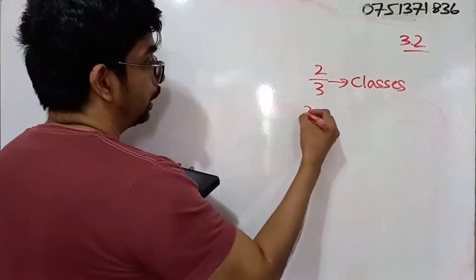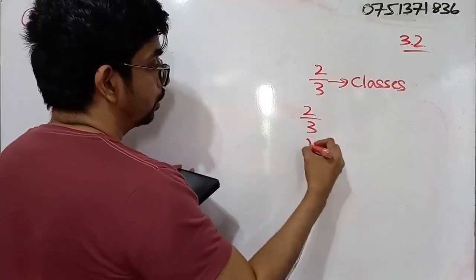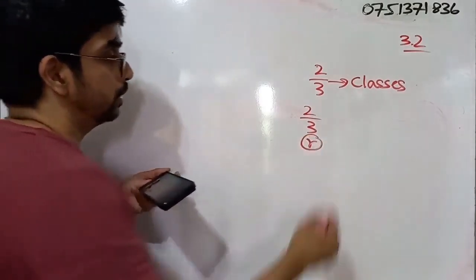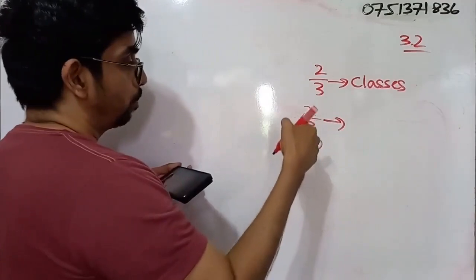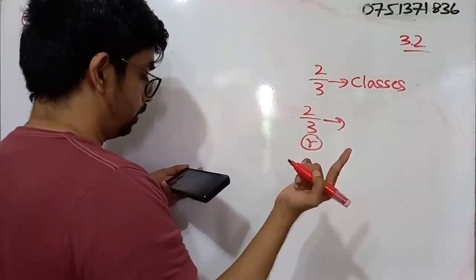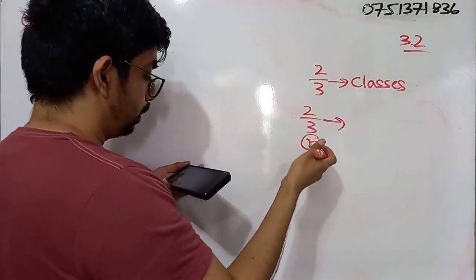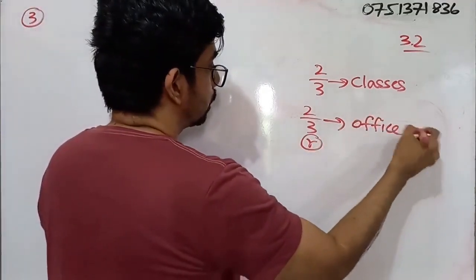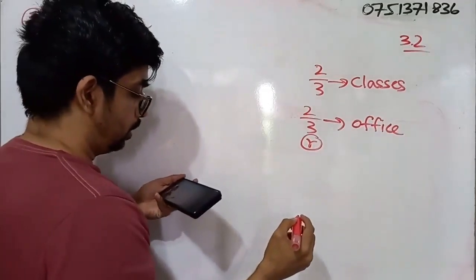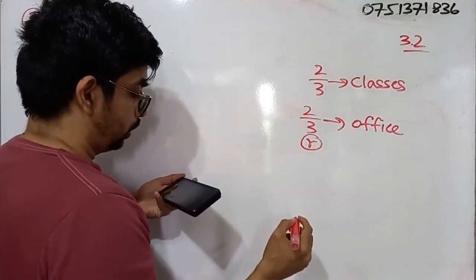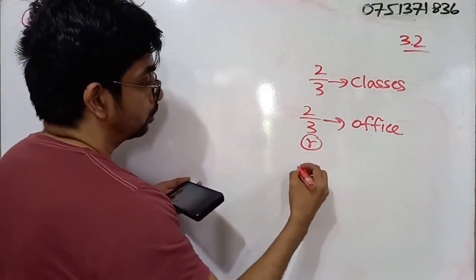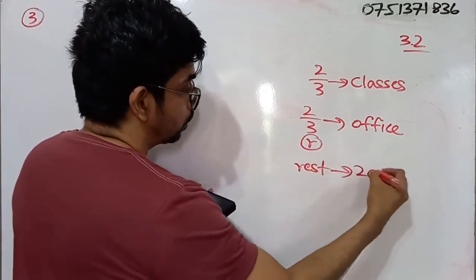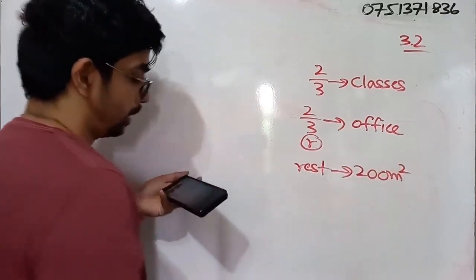Then another 2/3 from the remainder, so I'll simply put an R here. From the remaining amount, 2/3. So that is for an office. So the rest of the area, that is 200 square meters, for the library.